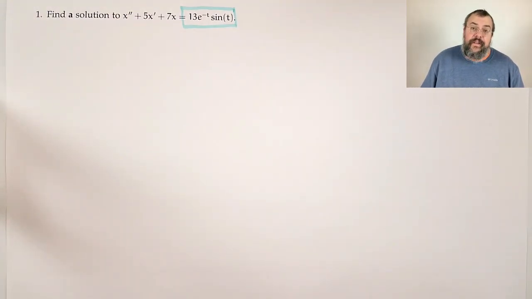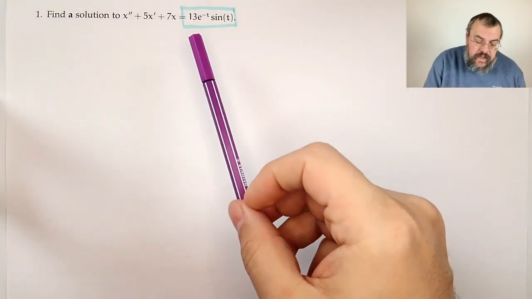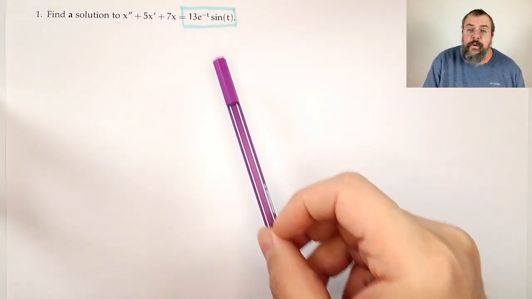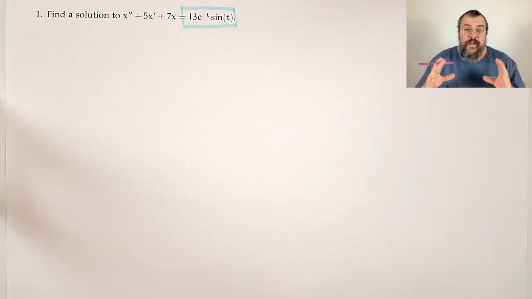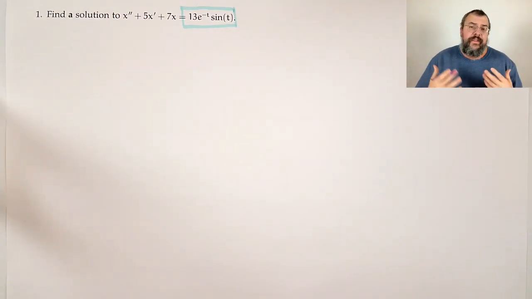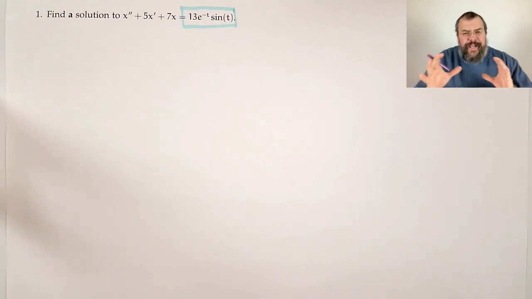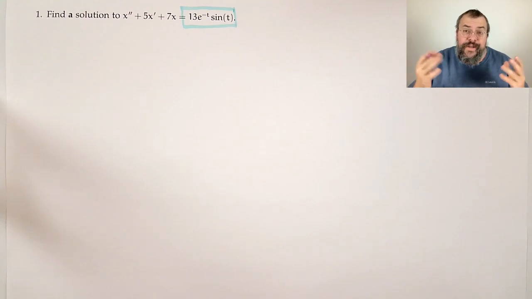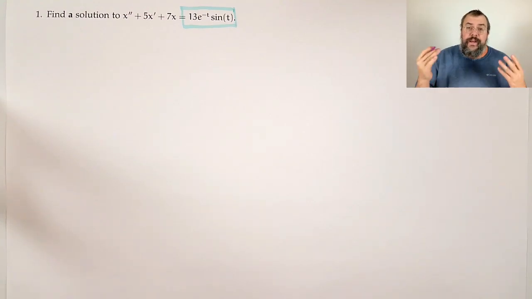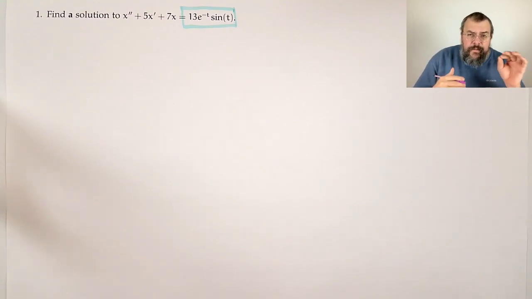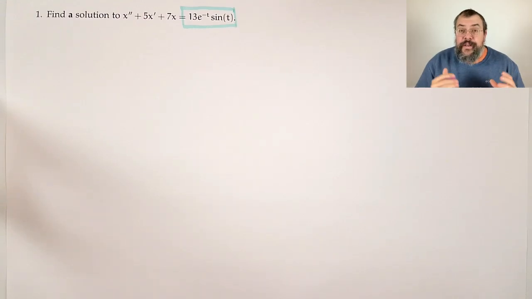And the nice thing about the form of that, the e to the minus t sine t, well, that tells us that we're really looking at something that undetermined coefficients works well on. Because it's the form of something which we can say, aha, we know roughly what the answer looks like up to constants.